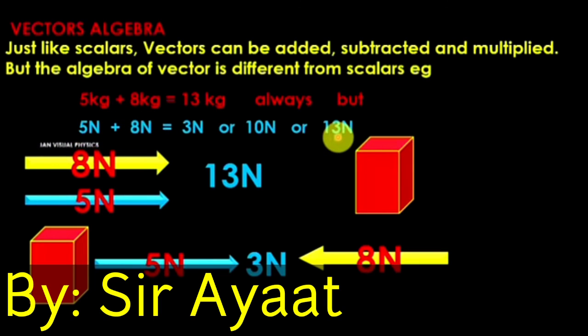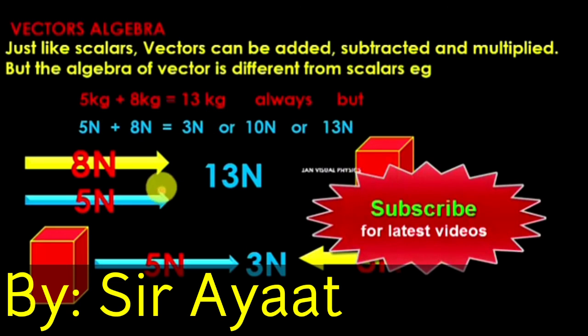Similarly, it may be other than 3 or 13, because it depends on their directions. If directions are the same, we mean parallel, then we can add. If the directions are opposite, anti-parallel, then we will subtract. If it is in between, or other than parallel or anti-parallel, then the result will be something else.